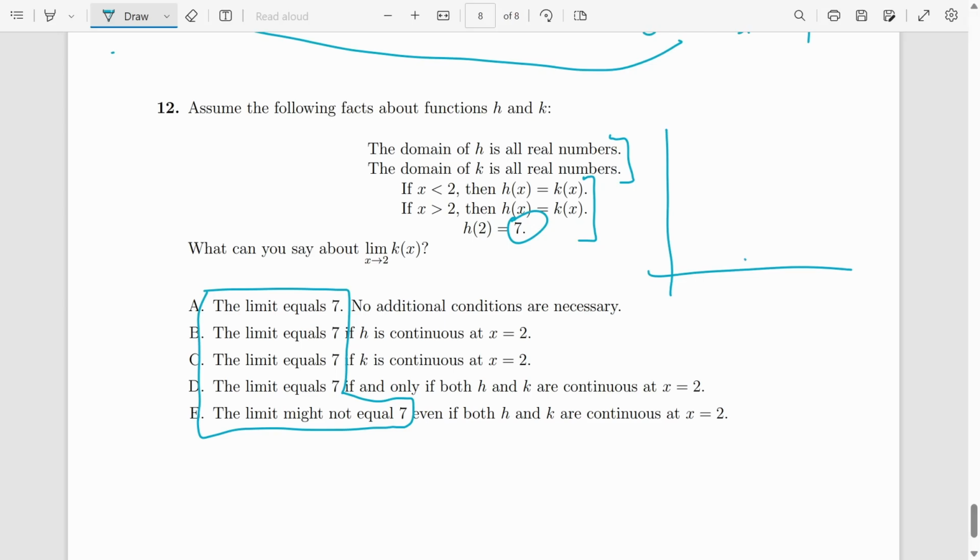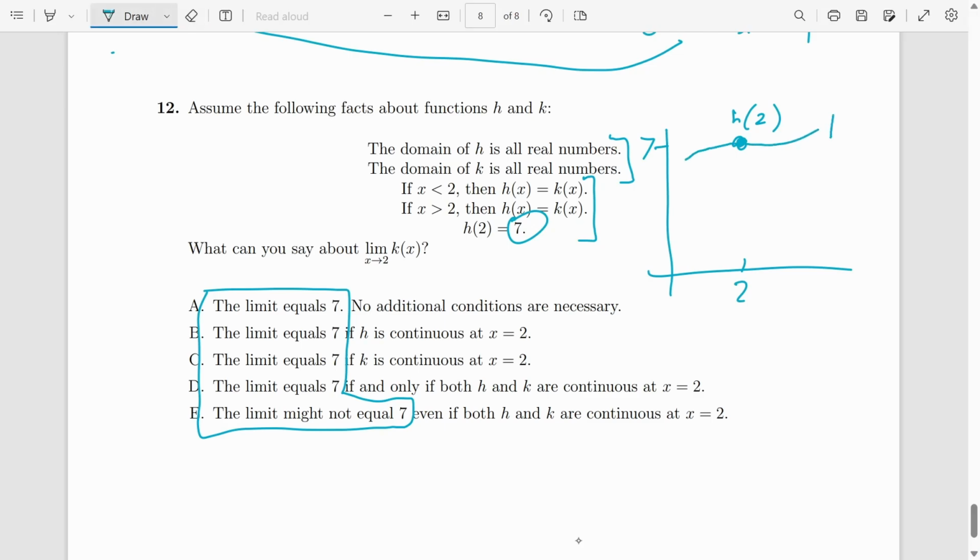So when x equals 2, h of 2 equals 7. So that's h of 2 equals 7. Okay, so for the limit of k to exist at 7, it needs to be continuous at that point too. So, whoops, that doesn't touch. Better accuracy is needed.